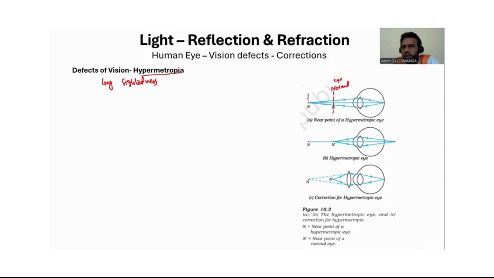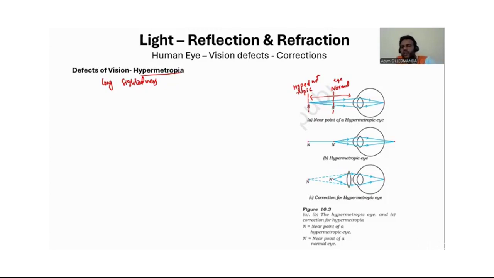But here, this is the defective eye, the hypermetropic eye. The normal eye can see the object from this close, but the hypermetropic eye cannot see near or beyond this area. It will not be able to distinctly see that. People with this defect are not able to see the things closer.